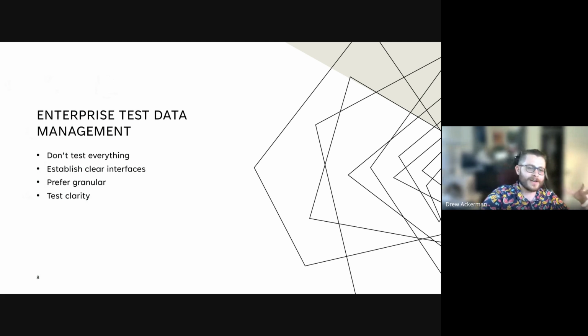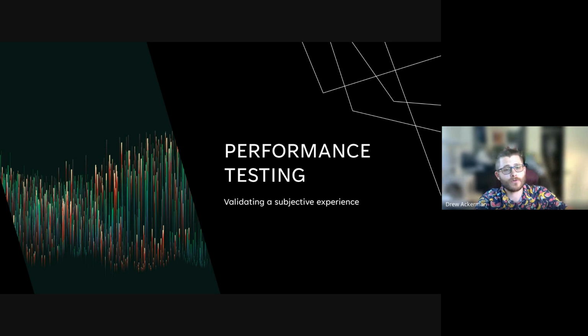We're going to shift from enterprise test data management to performance testing, which is super crucial. And it's another idea where we want to also try to shift performance testing left again. And most of the time, when you're doing performance testing, it's kind of an afterthought.